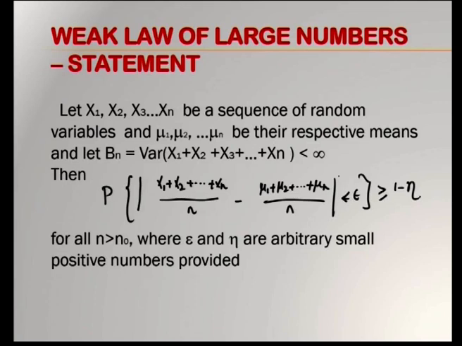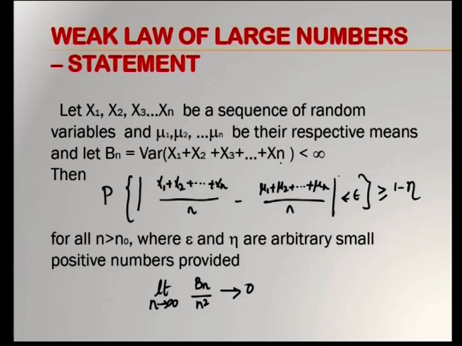For all n greater than n naught, where epsilon and eta are arbitrary small positive numbers, provided this very important condition is satisfied for weak law of large numbers: limit n tends to infinity, Bn by n square should tend to 0. What is Bn? Bn is variance of x1 plus x2 plus x3 etc. up to xn. This is the weak law of large numbers. What does it state?